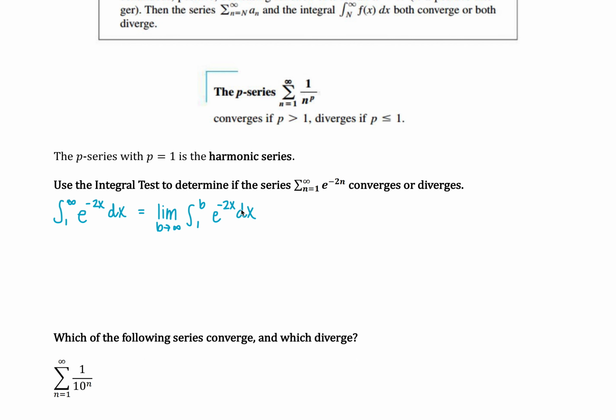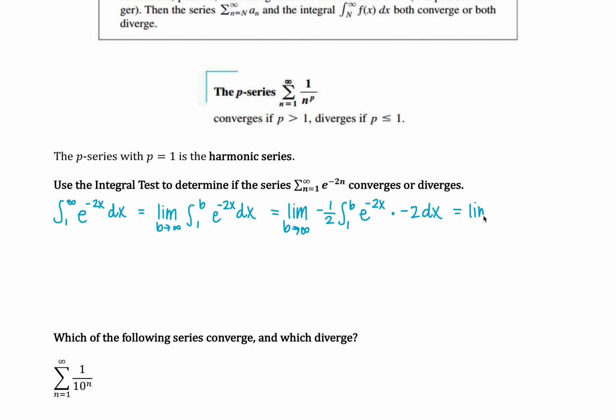And if I need a negative 2 inside the integral, I can put a negative 1/2 in front, so it's the same as multiplying by 1. So I'm going to rewrite that as the limit as b goes to infinity of negative 1/2 times the integral from 1 to b of e to the negative 2x times negative 2 dx.